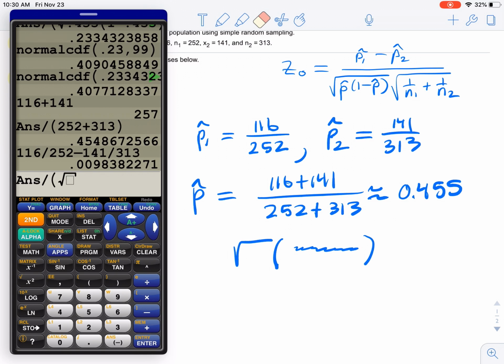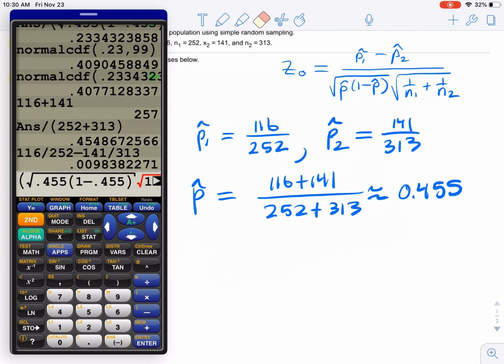Everybody's calculator is different. This calculator is a little more advanced, so I will just do 0.455 times 1 minus 0.455, and then hit square root again. You might think I need an ending parentheses in here somewhere. Hold on, let me insert a 5 there. Okay, got it. So I need to be careful there.